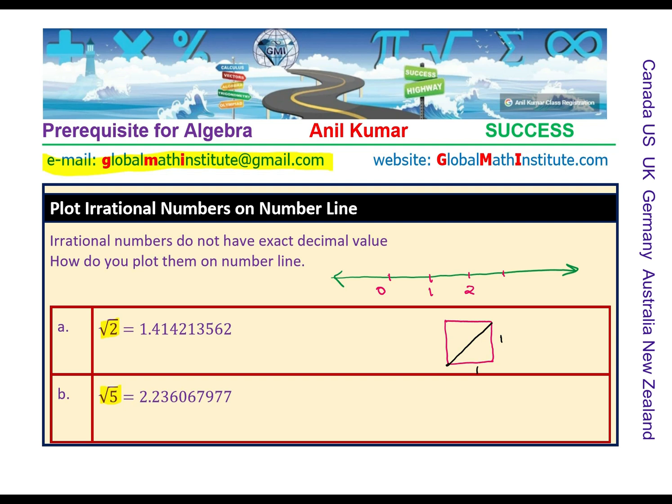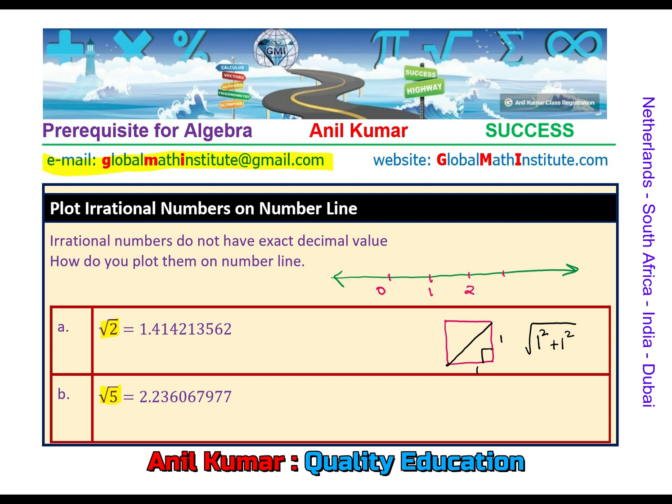Well, this length is exact, right? We are not calculating a decimal value for this. Using the Pythagorean theorem, we know it is the square root of 1 square plus 1 square, since this is a right angle triangle, and that indeed is square root of 2. So we do have a way of getting the exact value of square root 2.